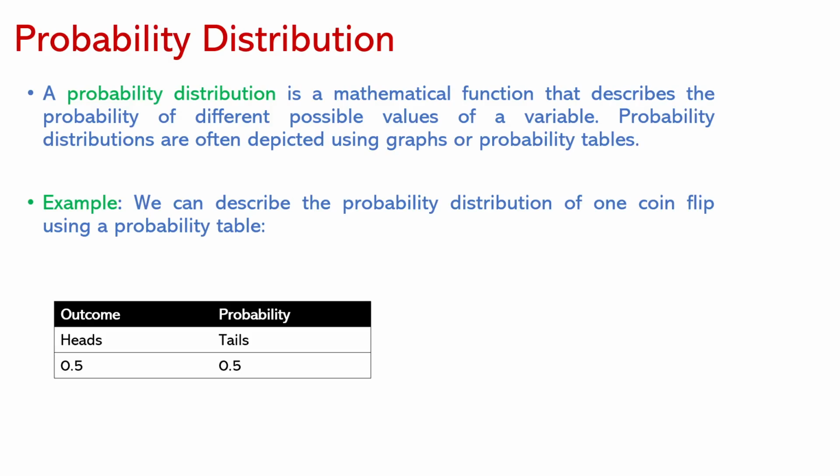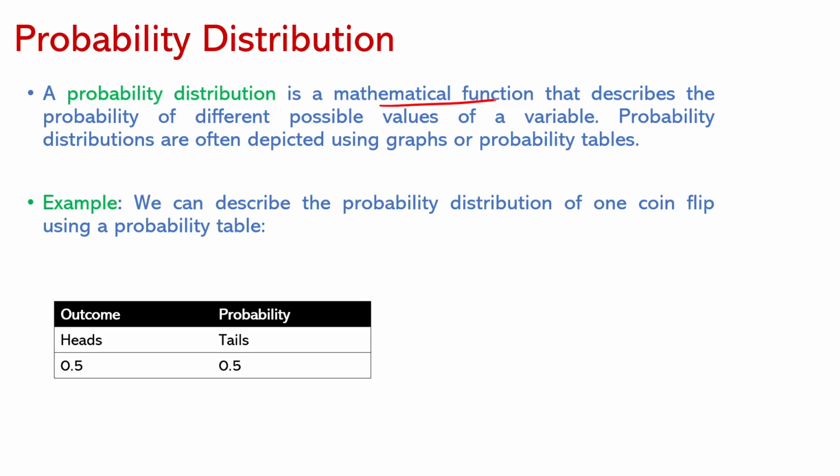Let us see a few probability concepts. Probability distribution. What is a probability distribution? I am conducting an experiment. I generate outcomes. That is called an event. Conducting an experiment is called an event. Before that, let us see probability distribution.